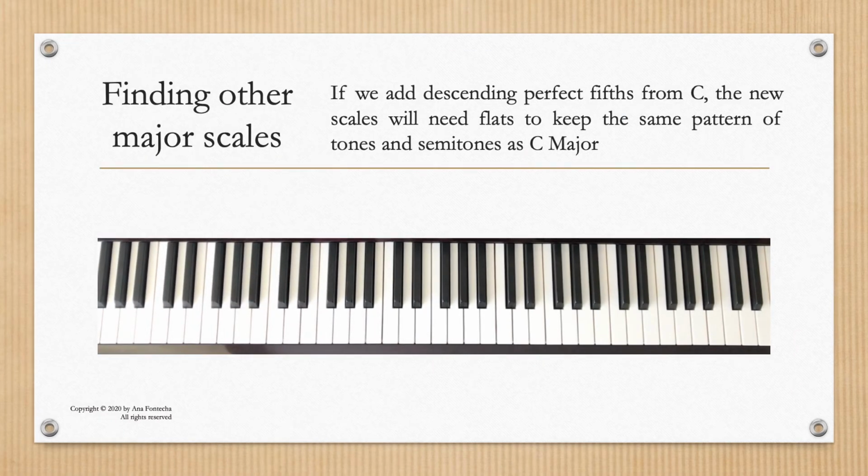If we add the ascending perfect fifths from C, the new scales will need flats to keep the same pattern of tones and semitones as C major. The first scale we find is F major with one flat, then B flat major, E flat major, and so forth. The scale with 7 flats is C flat major.